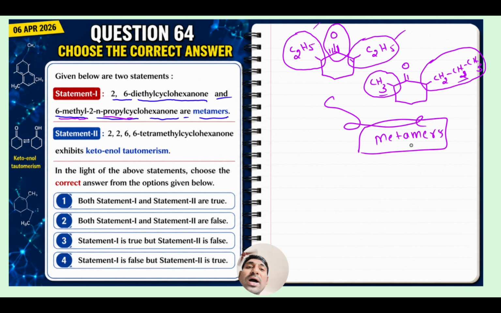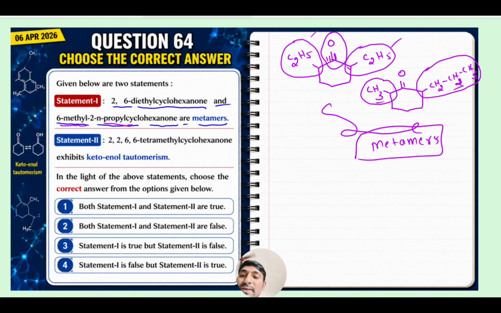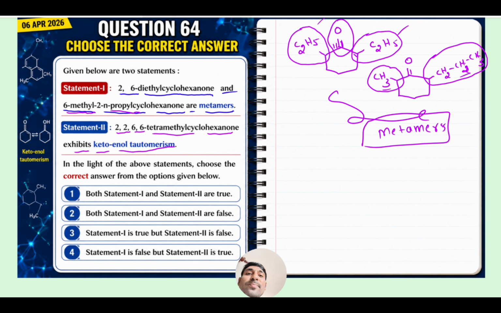Now, how to approach statement 2. They have given that 2,2,6,6-tetramethyl cyclohexanone exhibits keto-enol tautomerism. For example, take any ketone like CH3COCH2CH3. The C=O is the keto group, and the carbon adjacent to it is the alpha carbon, which has an alpha hydrogen.